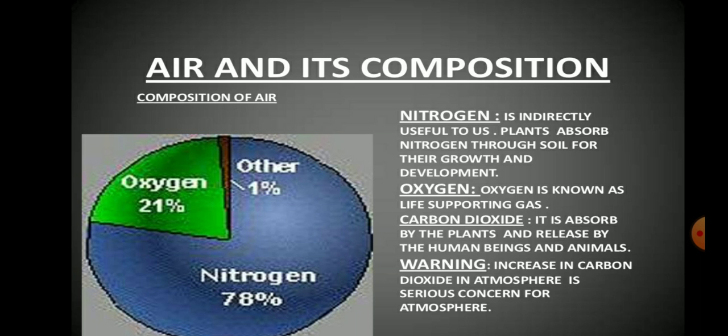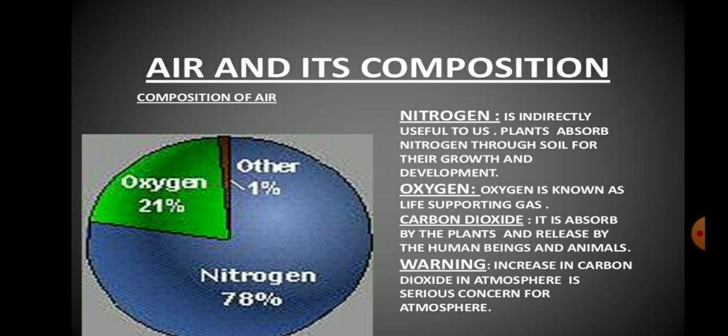Green plants use carbon dioxide to make their food and release oxygen. Humans and animals release carbon dioxide, which is equal to the amount used by the plants, which is a perfect balance.